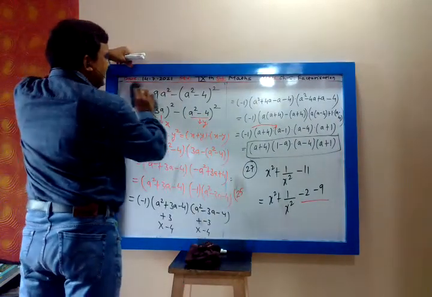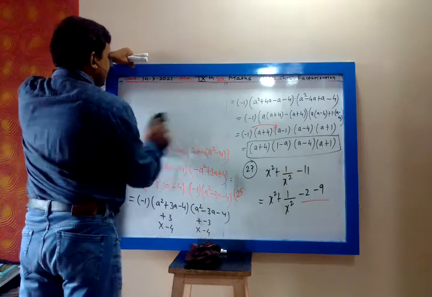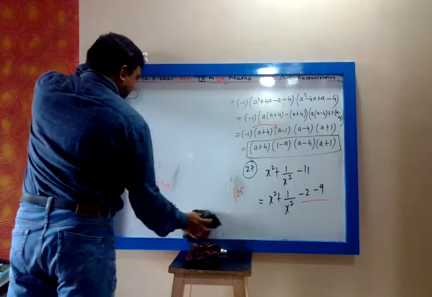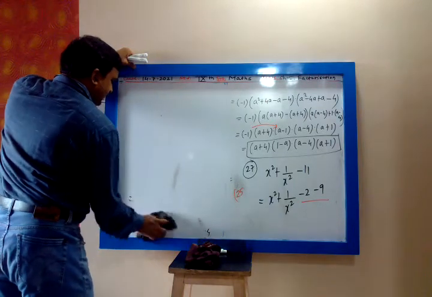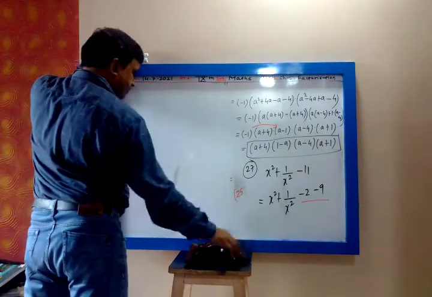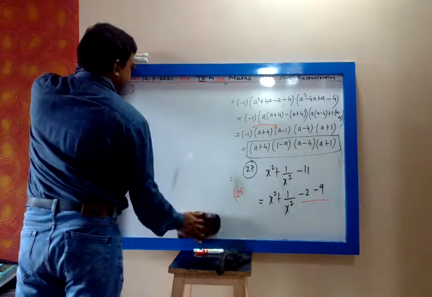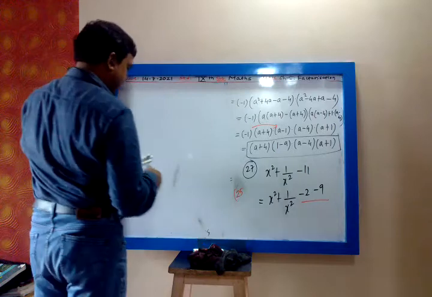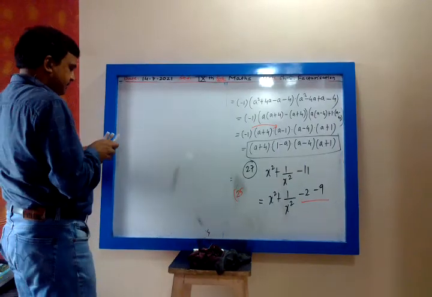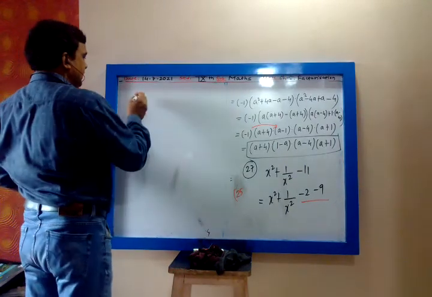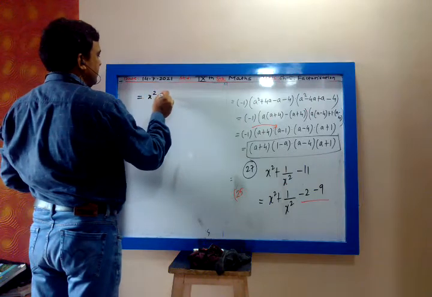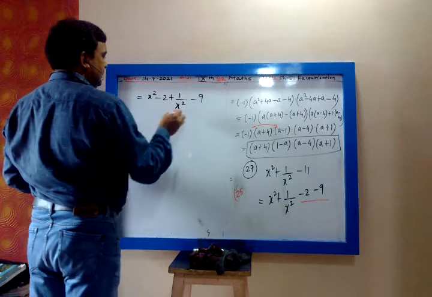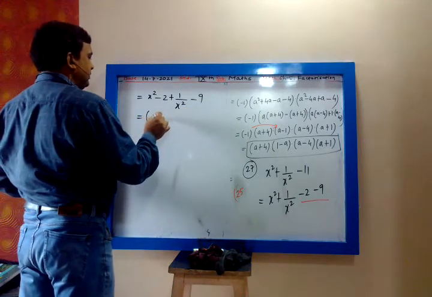Now minus 2, I will take as the middle term of x square and 1 upon x square. So this will be (x square minus 2 plus 1 upon x square) minus 9. This I can write (x minus 1 upon x) whole square.